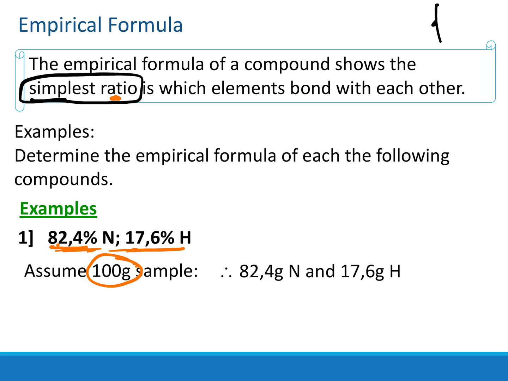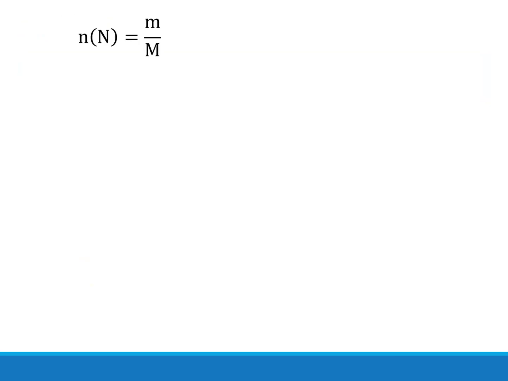So, knowing the percentages, we have 82.4 grams nitrogen and 17.6 grams hydrogen. We're going to now take each of those, the nitrogen and the hydrogen, and convert them into moles. So I know it's going to be 82.4 over 14.